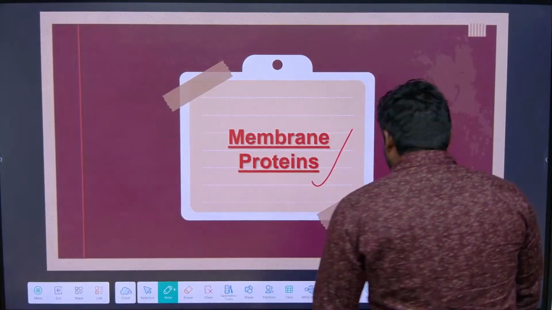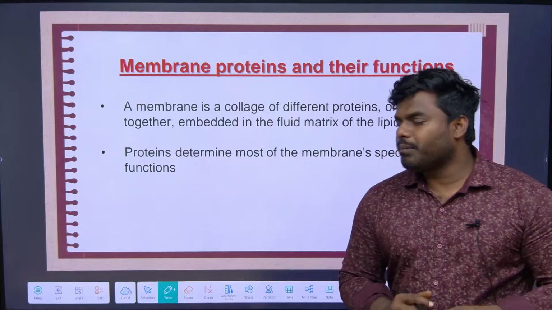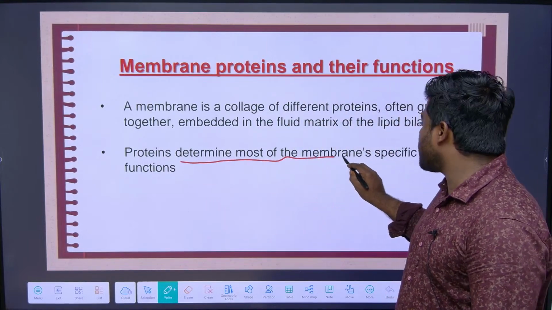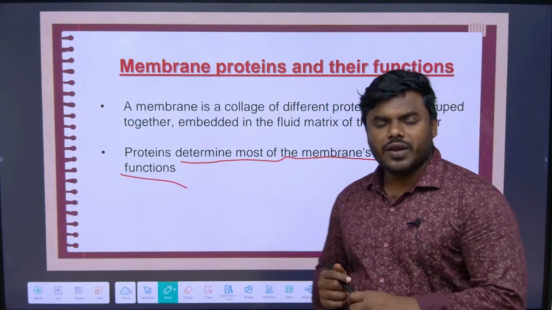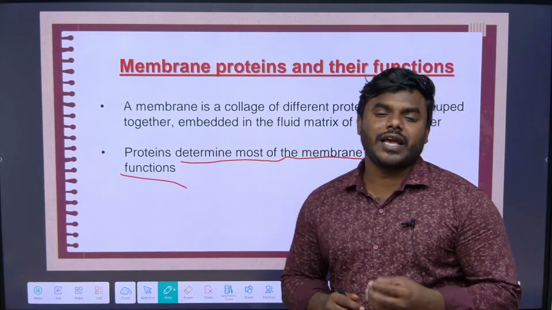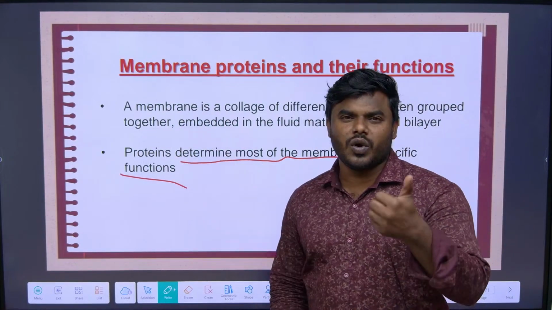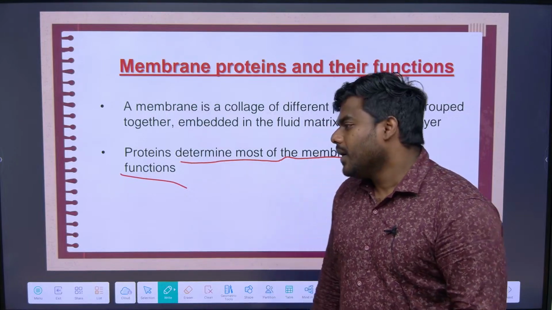All right. Now, as you all have answered, proteins are the ones which determine most of the membrane's specific functions. Now here comes the question: how many types of proteins are present? On the entire plasma membrane, is it only one type of protein or two types? How many types of proteins are present?